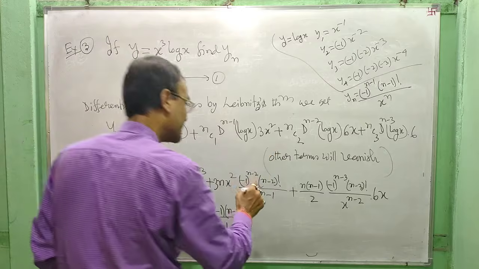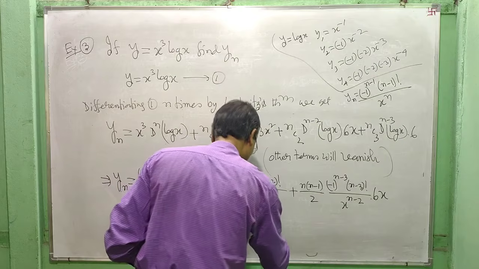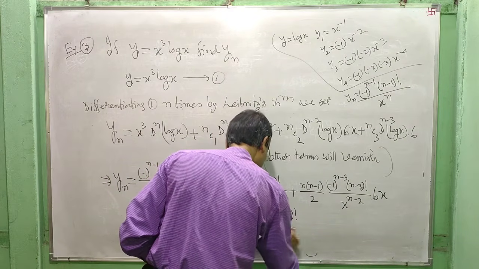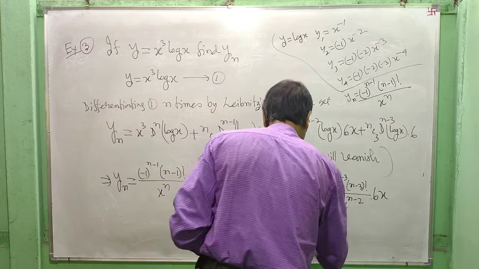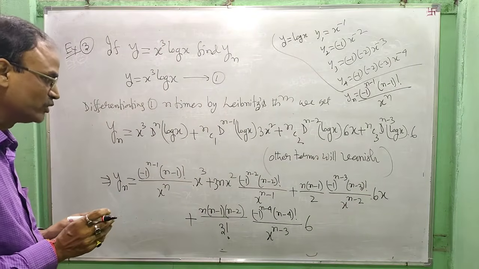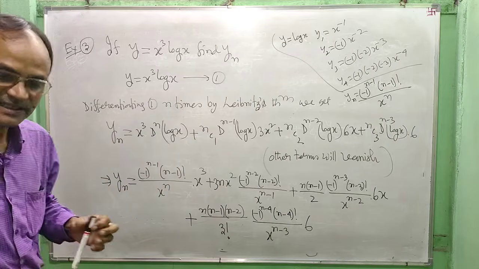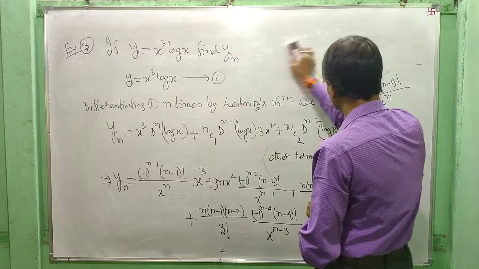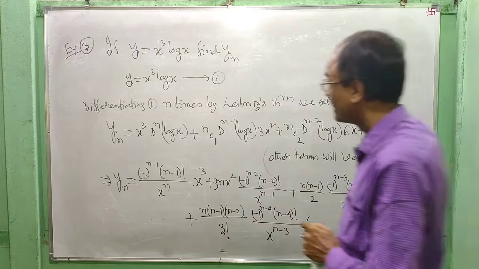For this you will get minus 1 whole to the power n minus 4, factorial n minus 4, divided by x to the power n minus 3, into 6. You will get this one. And other terms will vanish.